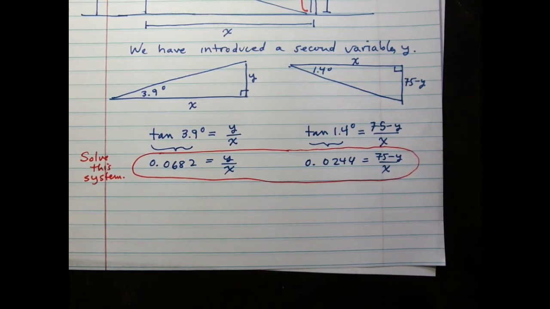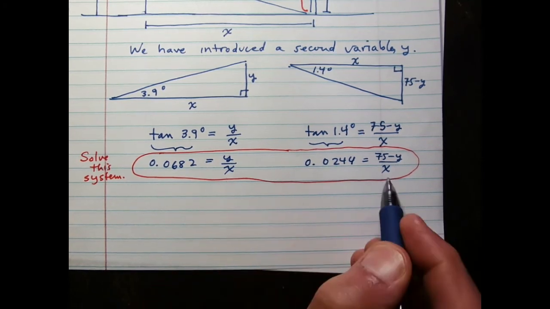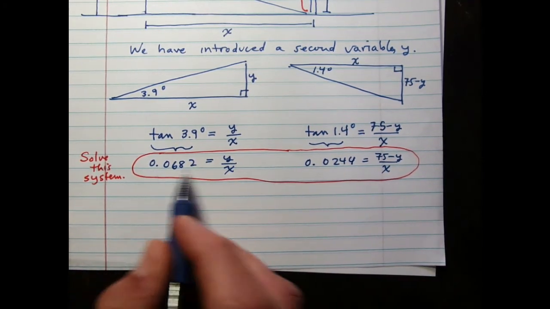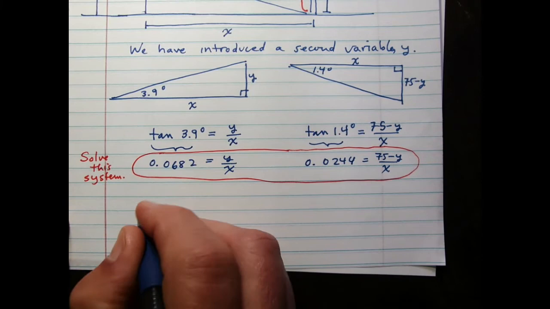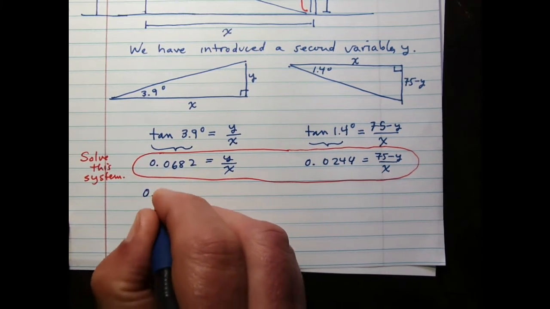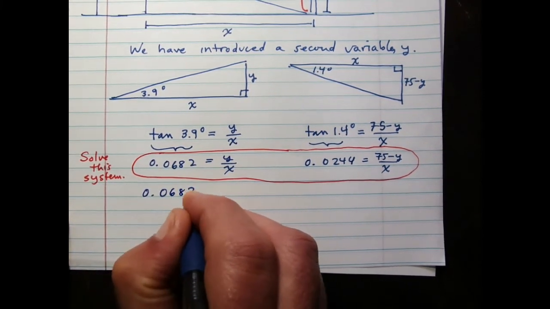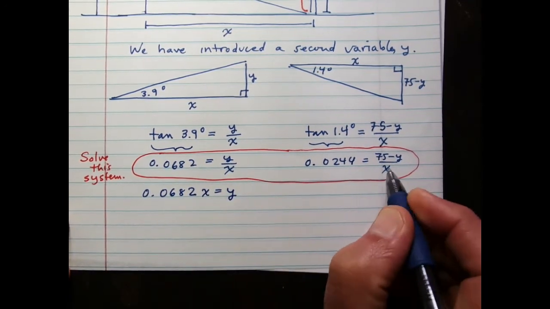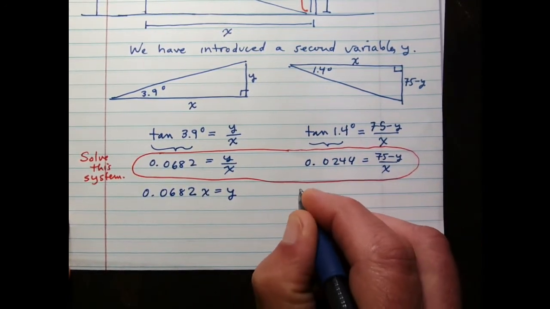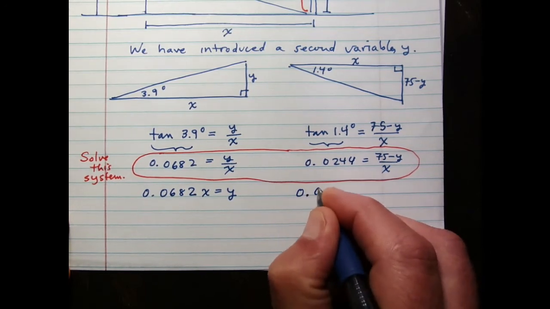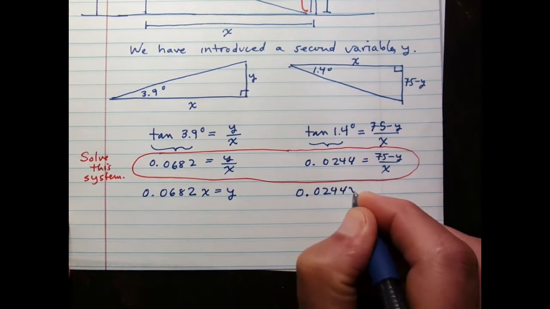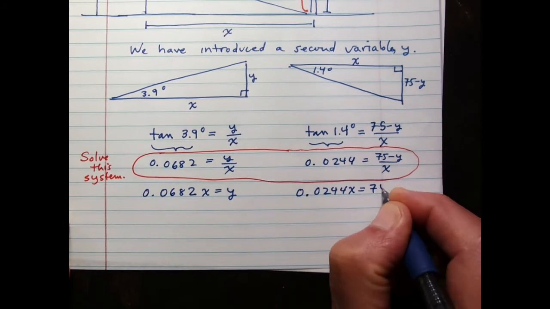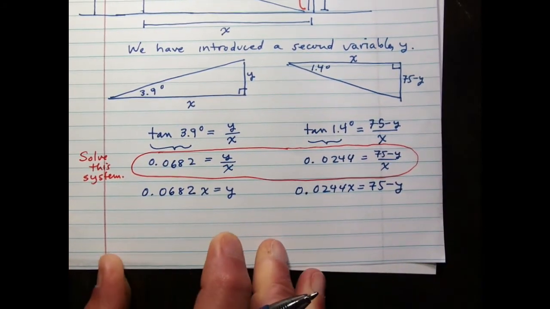And since I have fractions involved, I'm going to clear denominators. I'll multiply both sides by x. On the first equation, I get 0.0682x equals y. Multiply both sides by x in the second also, right? 0.0244x equals 75 minus y.